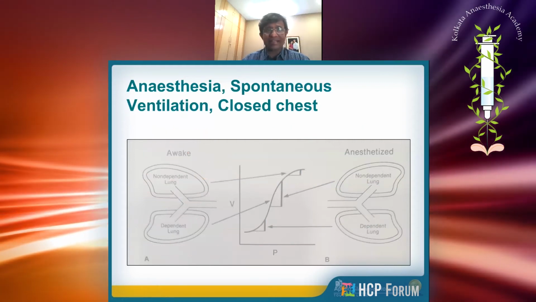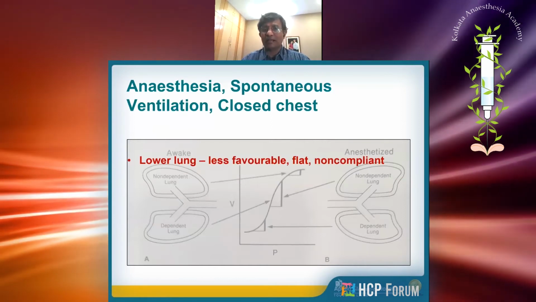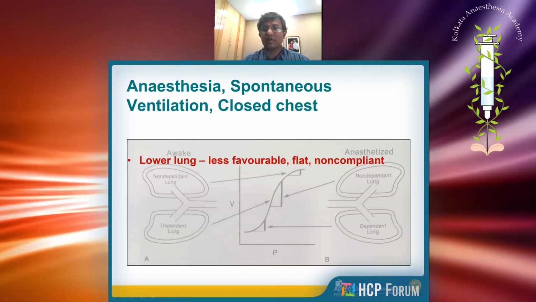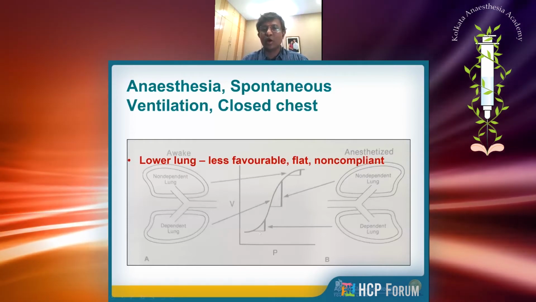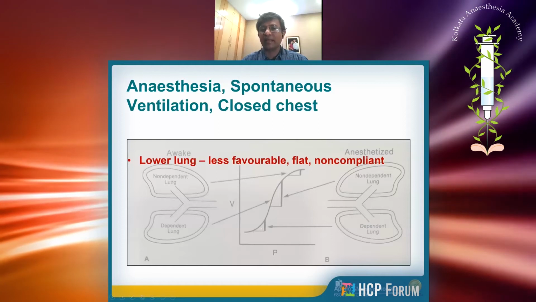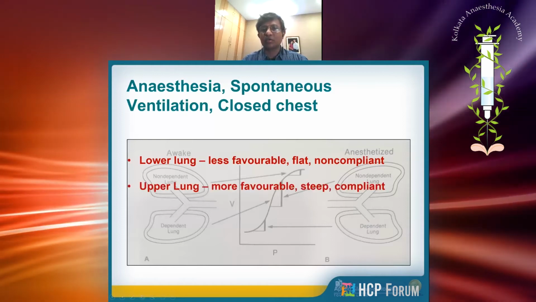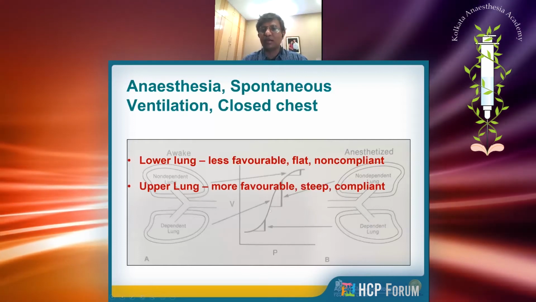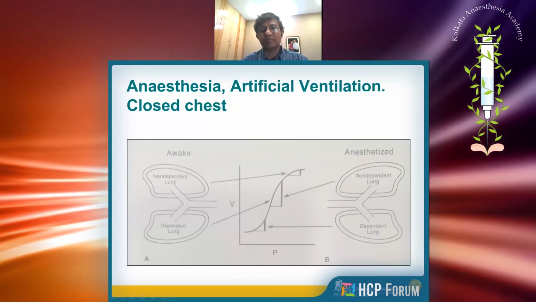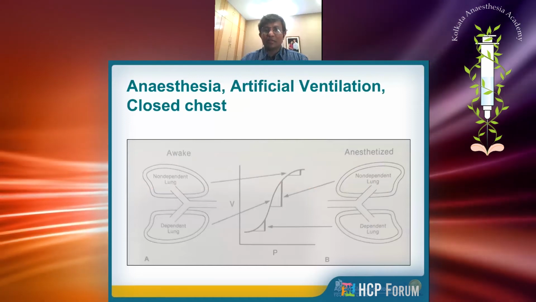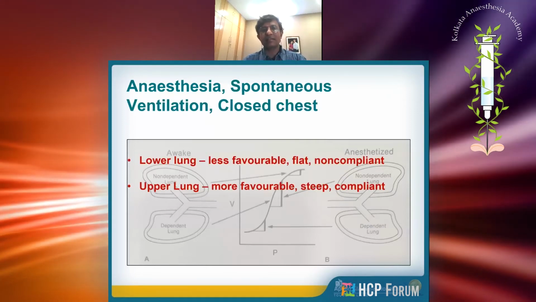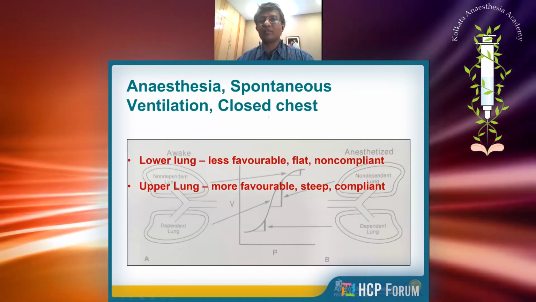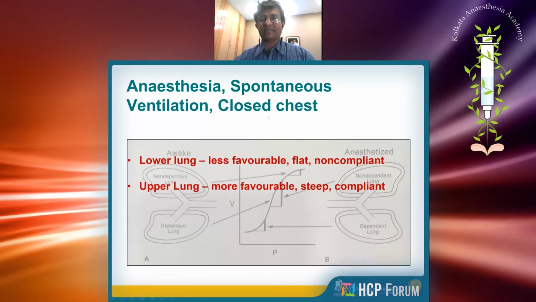So the lower lung becomes less favorable as far as ventilation is concerned, because it is going towards this flat, regionally non-compliant area, whereas the upper lung goes to the steeper, more compliant part of the pressure volume curve. That is with anesthetized, spontaneously breathing, closed chest, no paralytic agents given.